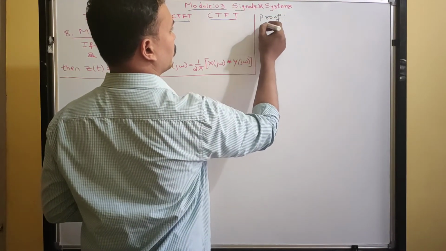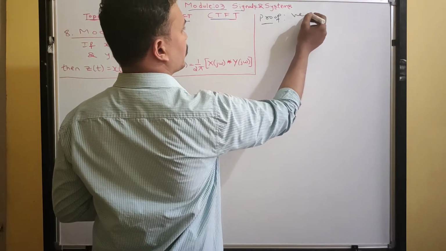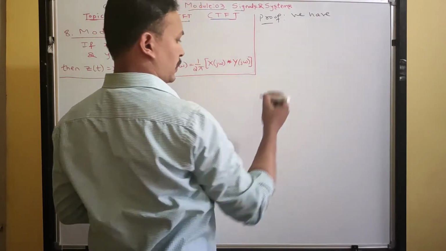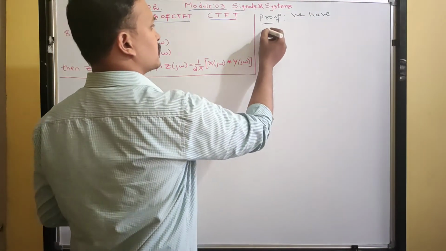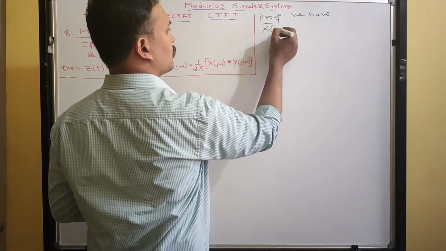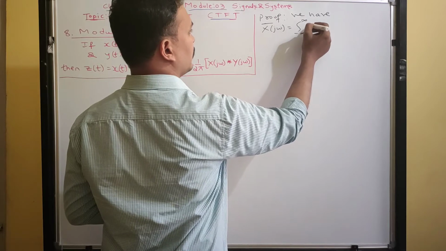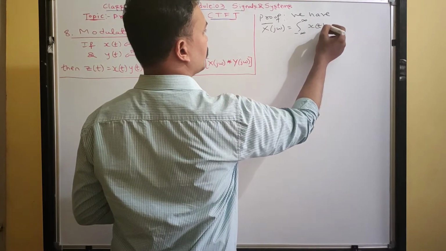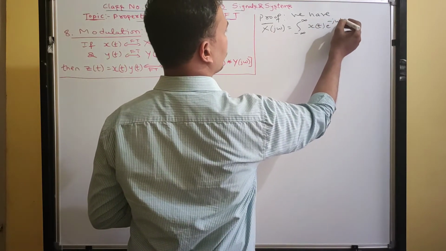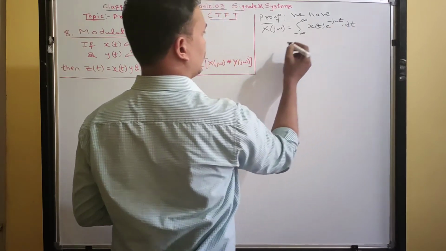Proof. From the analysis equation, x of j omega can be written as integral minus infinity to infinity x of t into e to the power of minus j omega t into dt.